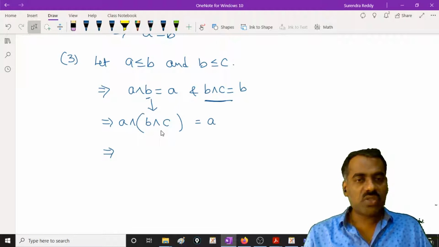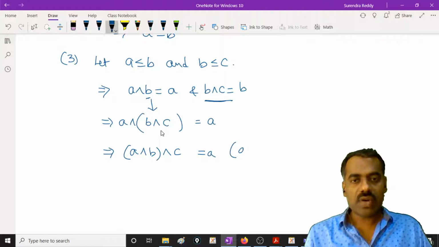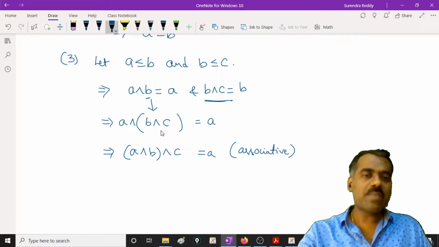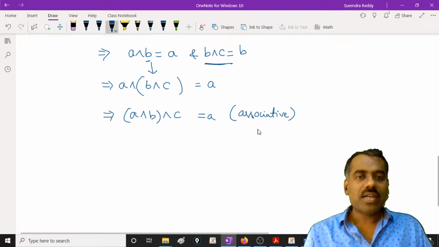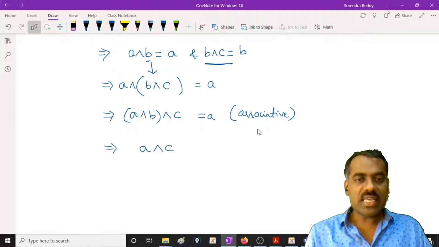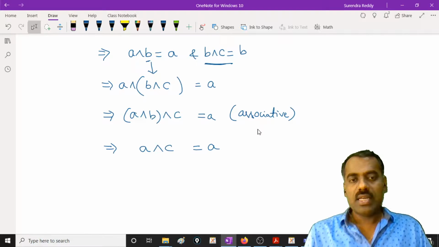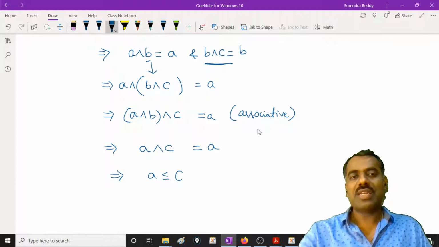Now using associativity, I can write this as (A meet B) meet C is equal to A. So what I have used here is associativity. But what do we know about A meet B? A meet B is A again. So A meet C is equal to A, we have proved. That means A is less than or equal to C, so that proves it is transitive.